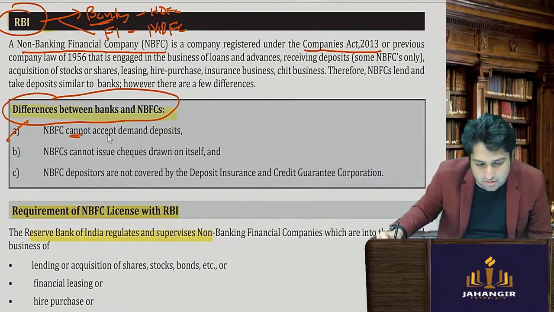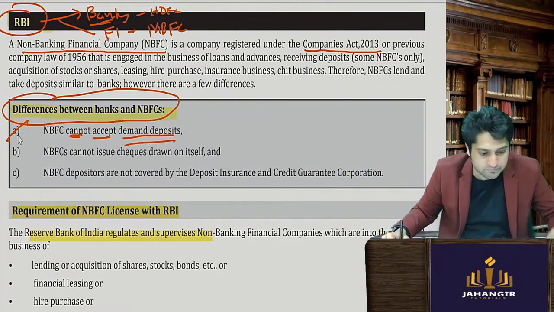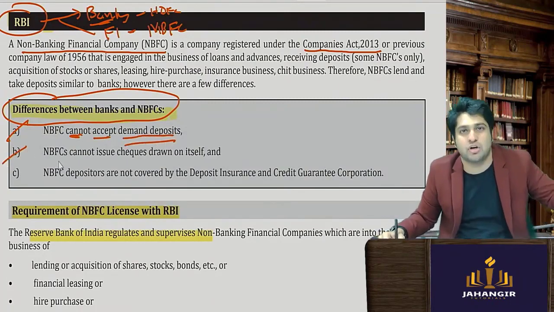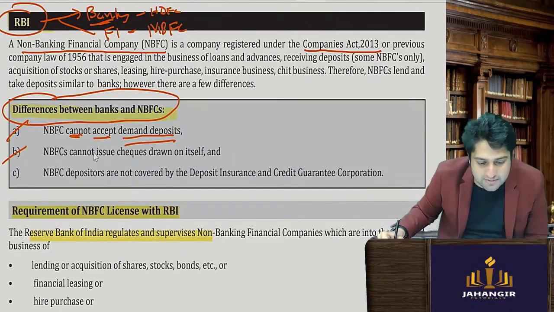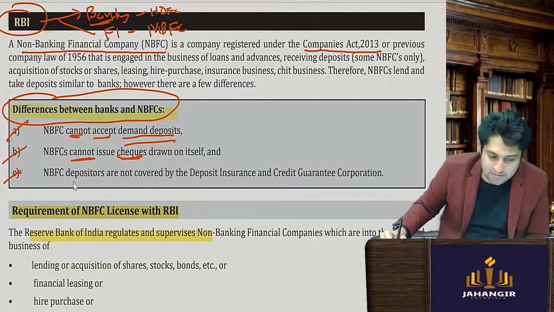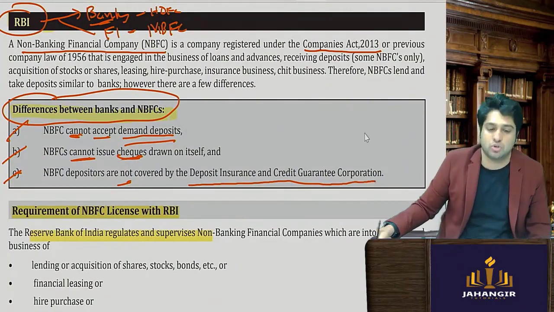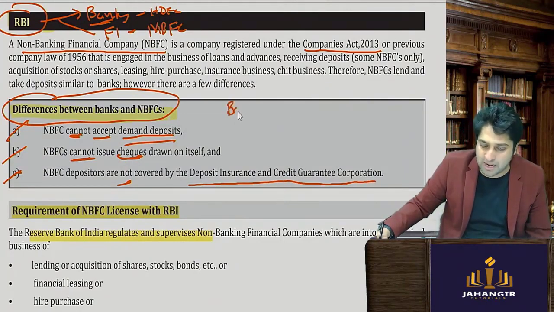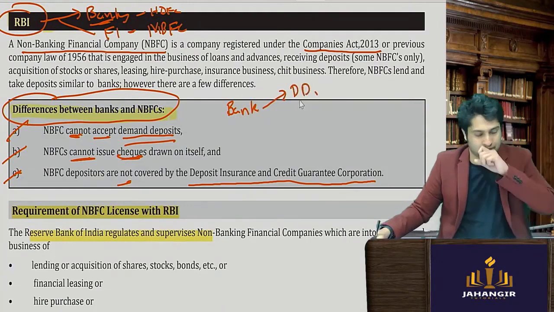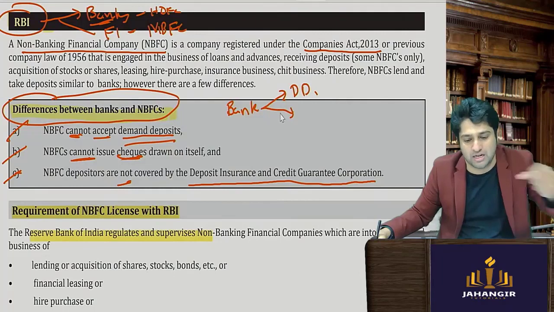An NBFC cannot accept demand deposits, meaning on demand, like your current account. If I go to a bank, it can accept demand deposits; whenever I want, I go and withdraw. A current account can be made.